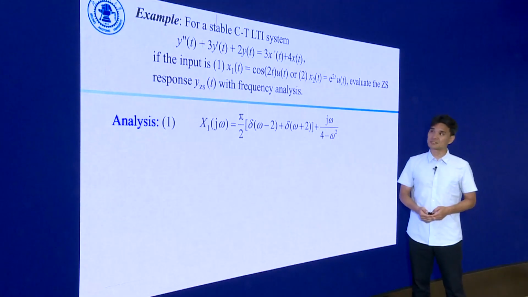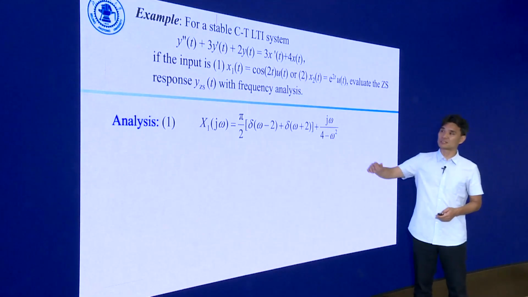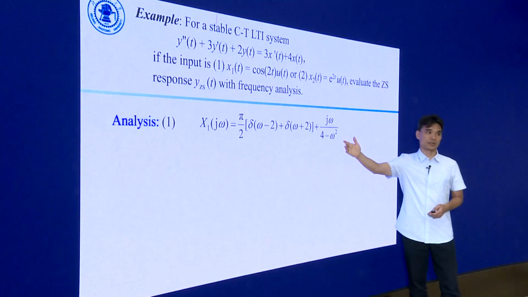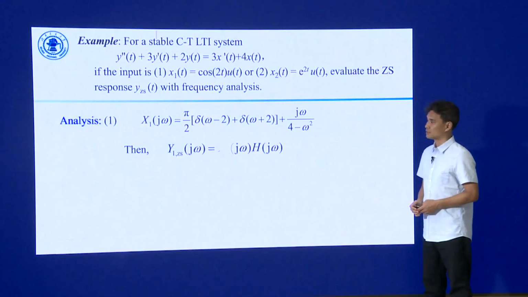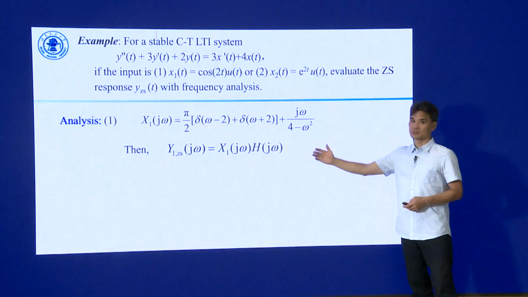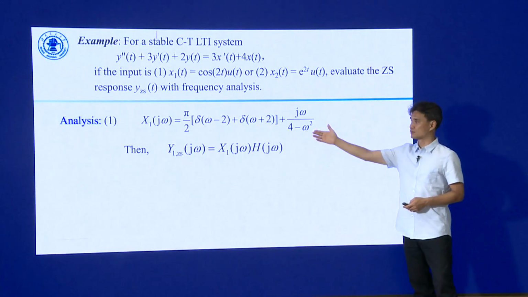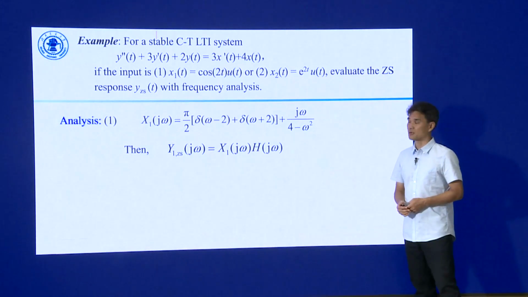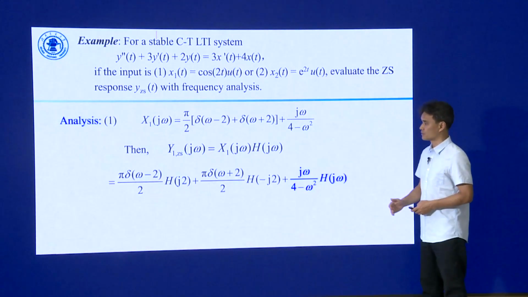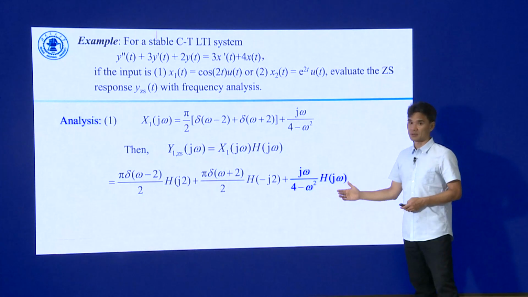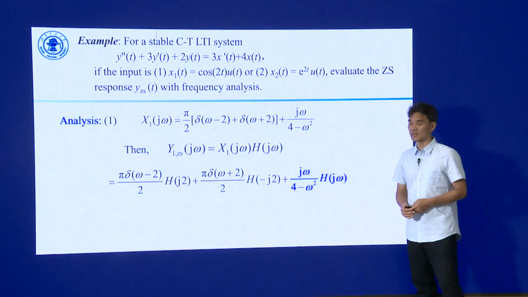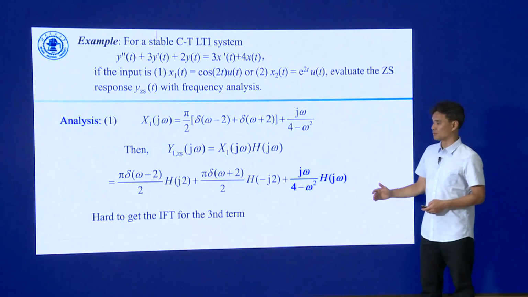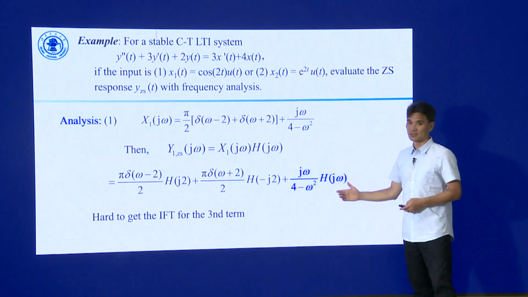For the first signal, we can convert it to the frequency domain. The system's zero-state response is equal to the multiplication of the spectrum and the system's frequency response. And here is the system's zero-state response in the frequency domain. But we may have some trouble converting it into the time domain.